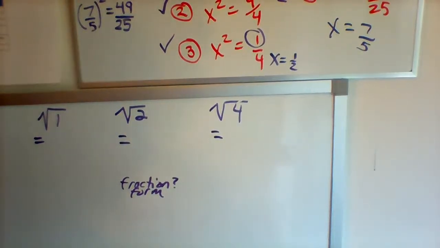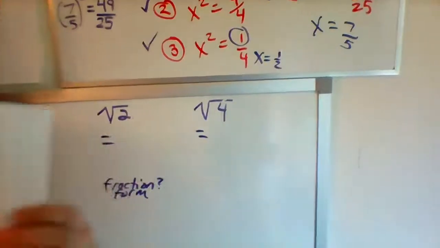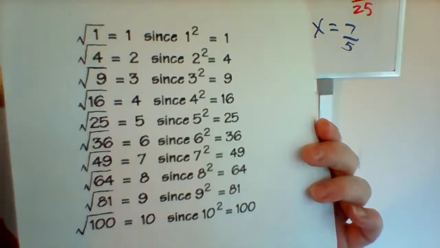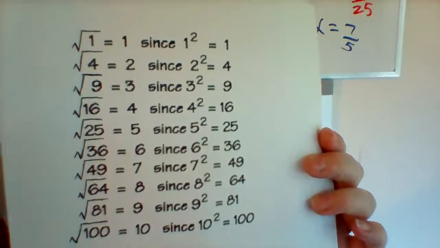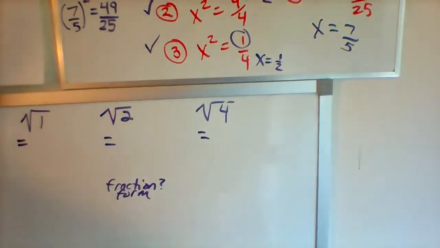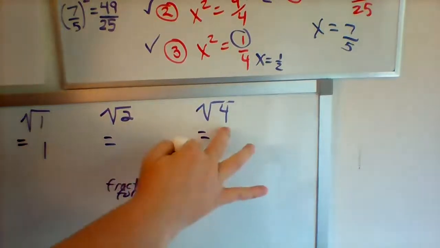Thais says that the square root of 1 is 1, and she has a question mark there. So yes, if you guys have it open, perfect square roots, yes, the square root of 1 is 1 because 1 times 1 is 1. Okay, so let's put that down. The square root of 1 is 1. How about the square root of 4, guys?